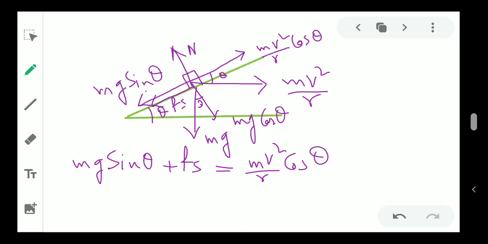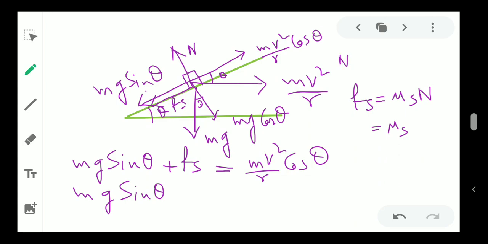And now you can see that if I write mg sine theta, and my frictional force is mu s n. Now in that case n is equal to mg cos theta, because it is balancing mg cos theta. You can see that it is in one line, that means this n and this mg cos theta are in the same line, so we can write here mg cos theta.